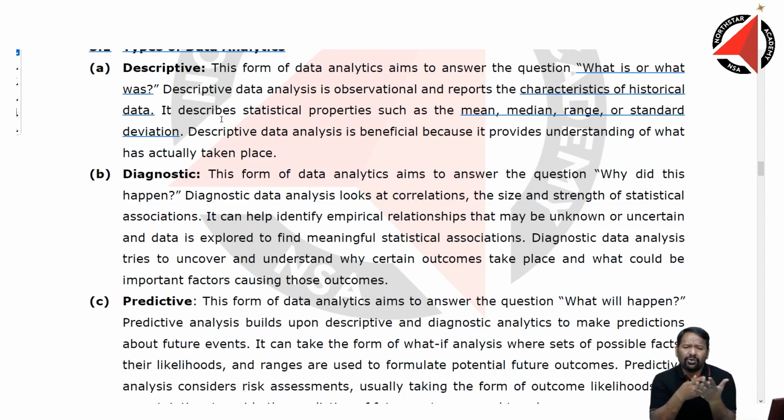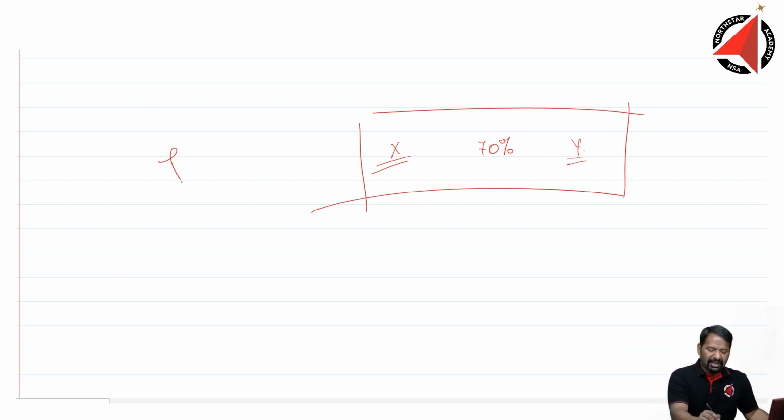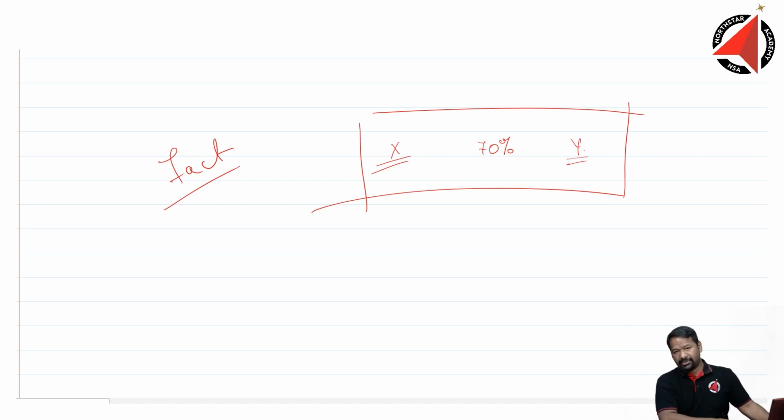Suppose you found, of the people who bought X, 70% of them also bought Y. So let's say there is a product, all those people who bought X, 70% of them also bought Y. This is the fact. So descriptive is like determining a fact from the data.